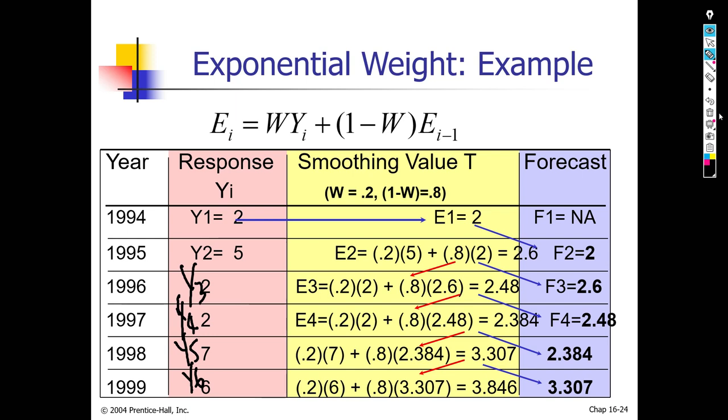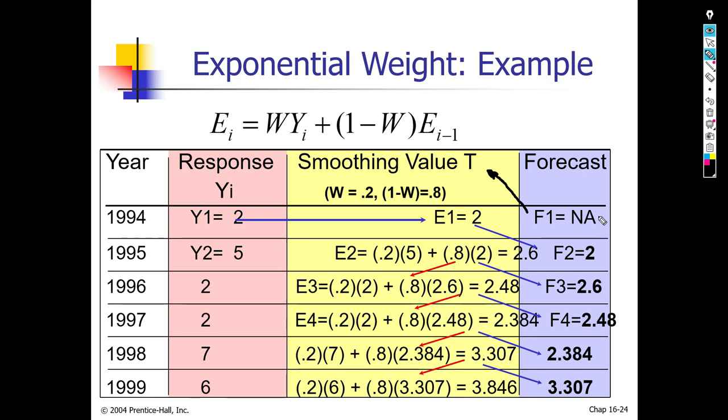Now, for this first value E1, we take a value of 2 here. Just put 2 here. And F1, we do not have a value, because there is no value in the previous one. We do not have the data for 1993.